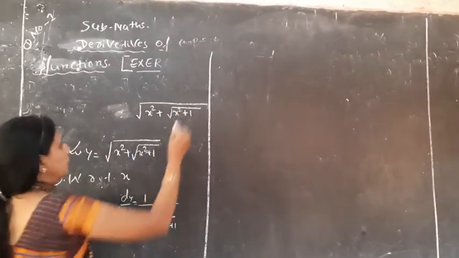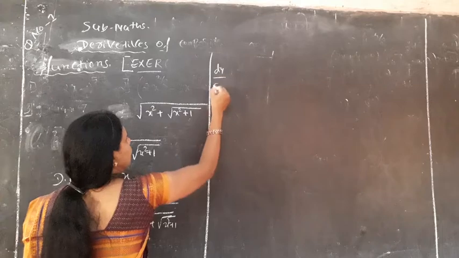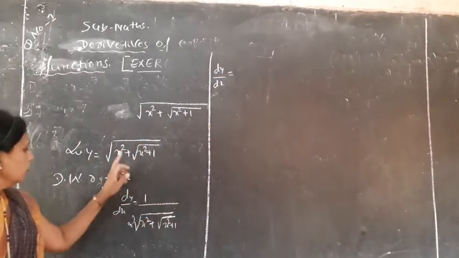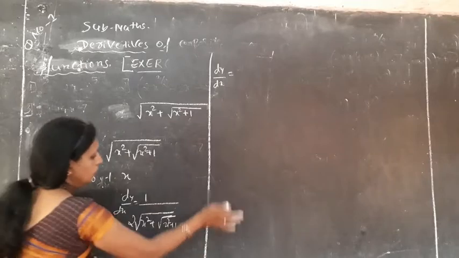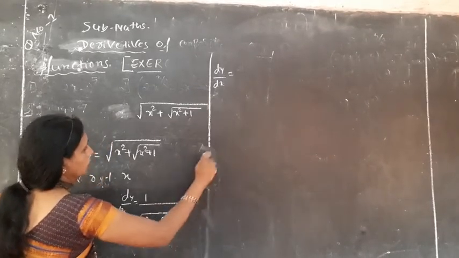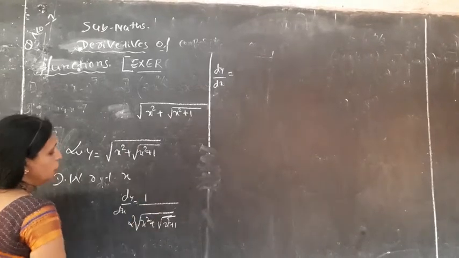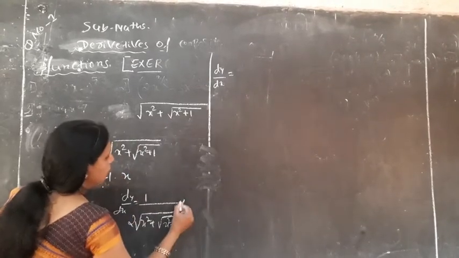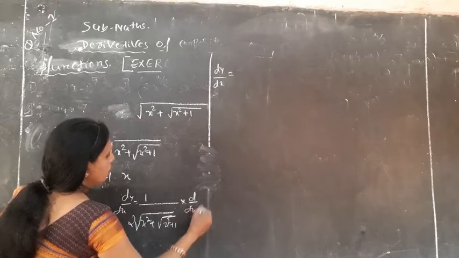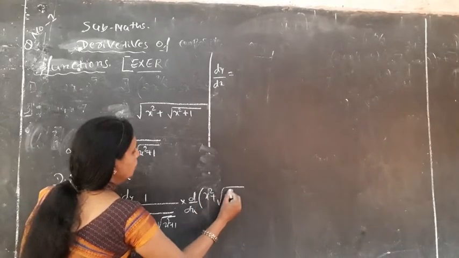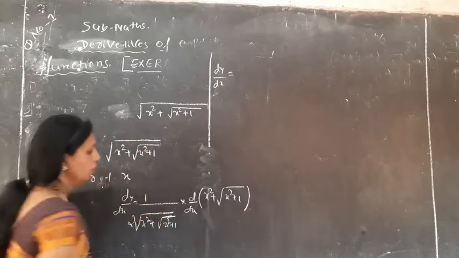See, this is a root function, 1 upon 2 root function. Sorry, before going to that, dy upon dx equal to 1 upon 2 root the function into d dx of x square plus square root of x square plus 1.